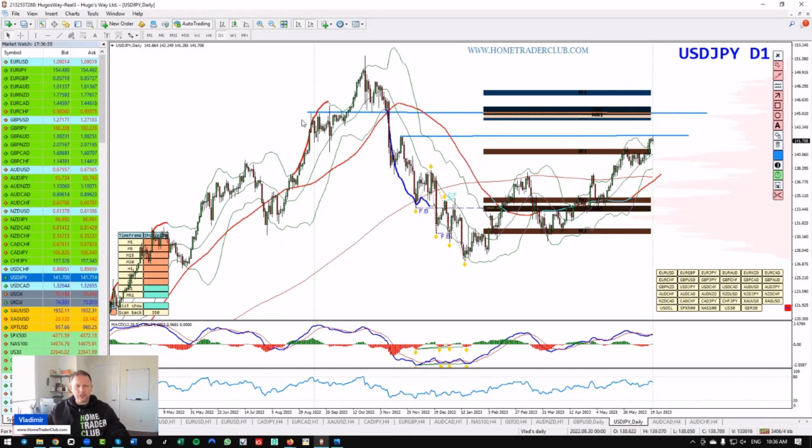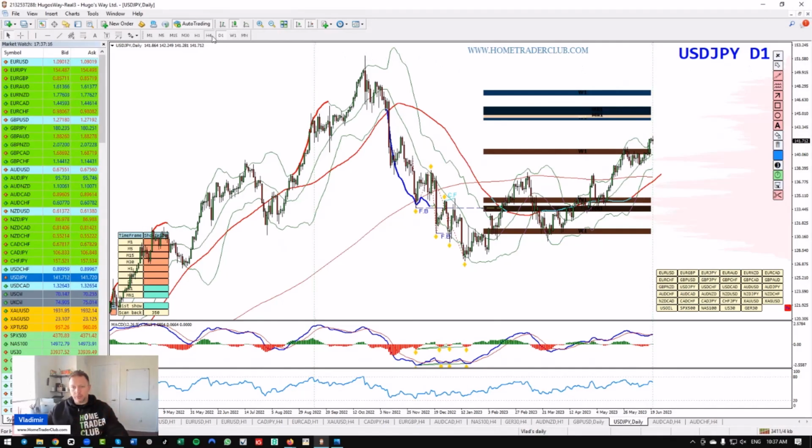We have a lot of sellers here, as you can see. So that becomes a very strong area where, with high probability, the buyers will start to lose their grip and sellers will start to step in. And here is how I would want to work with that.